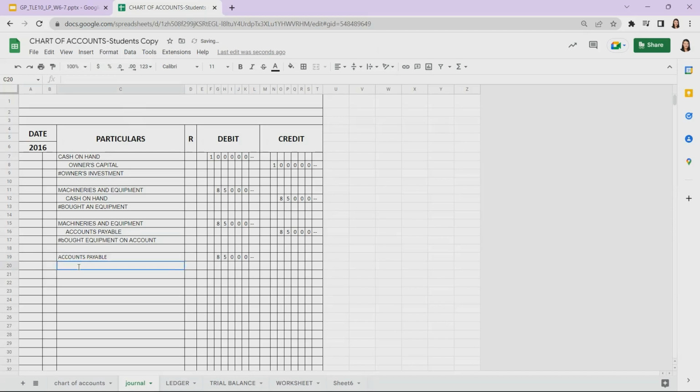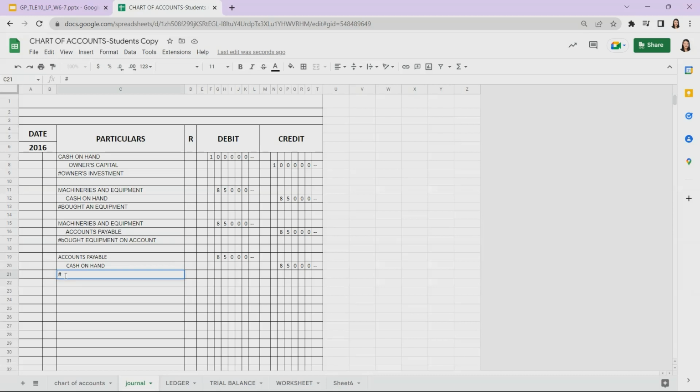And then credit is, ano bang pambayad natin ng utang? Ang pambayad natin ng utang ay cash. So, cash on hand. How much? 85,000. Bakit tayo may credit na cash on hand? Kasi po, nagbayad tayo ng utang. Kung nagbayad tayo ng utang, anong pambayad natin?